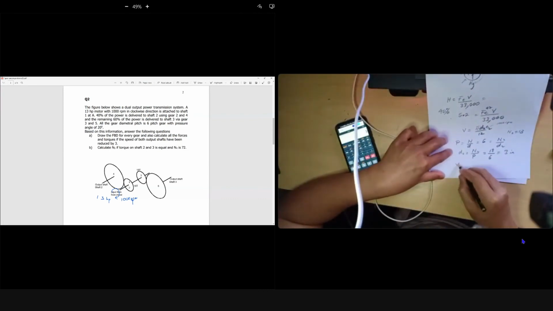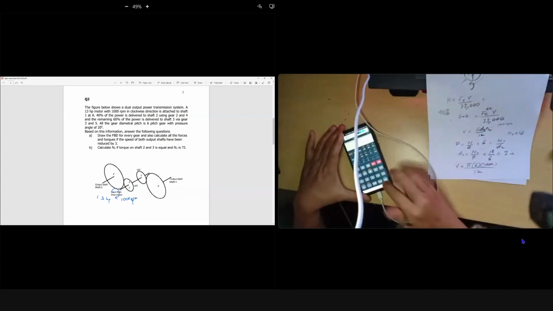Understand? Are you with me or not? So your V is pi times 3 inches times 1000 RPM over 12, and your V is in feet per minute.